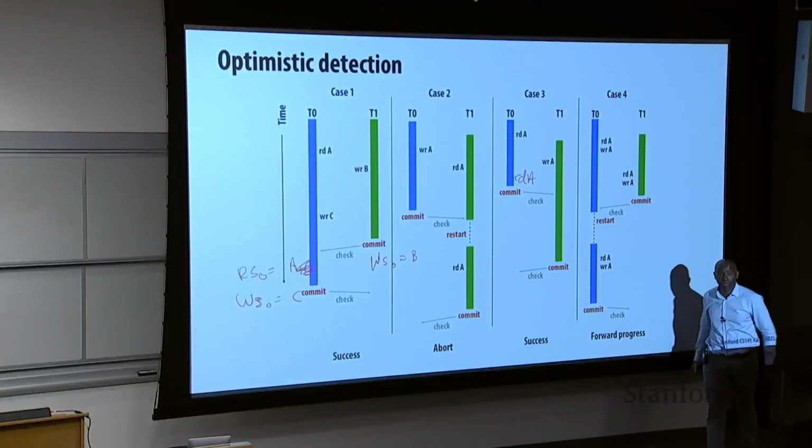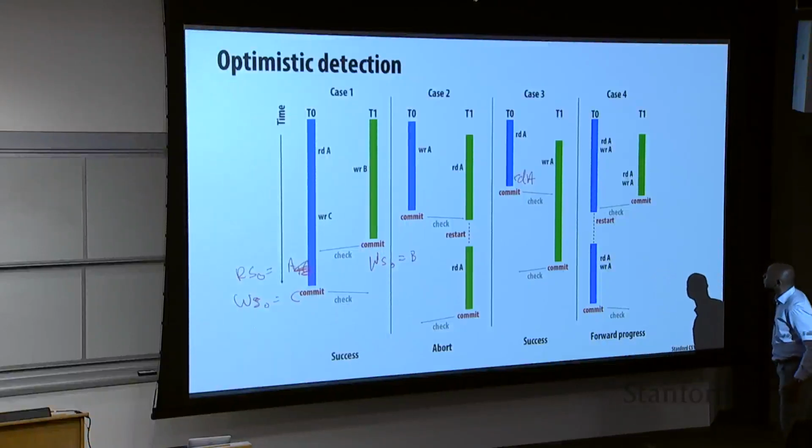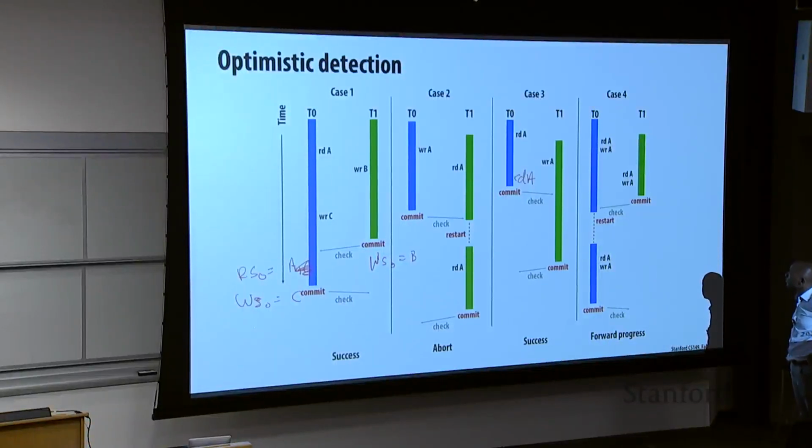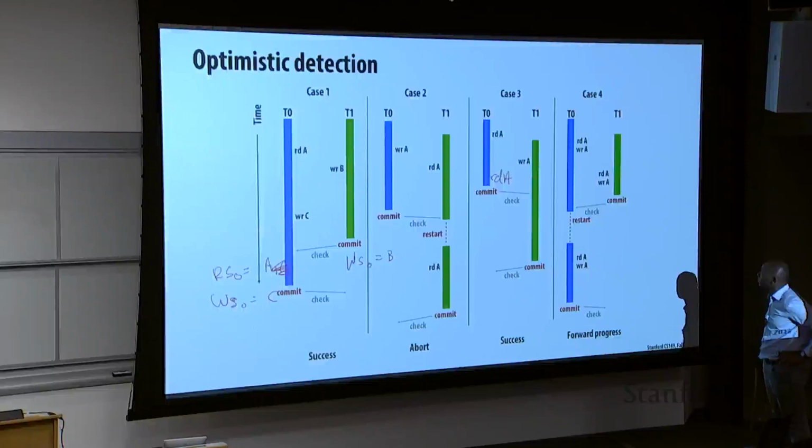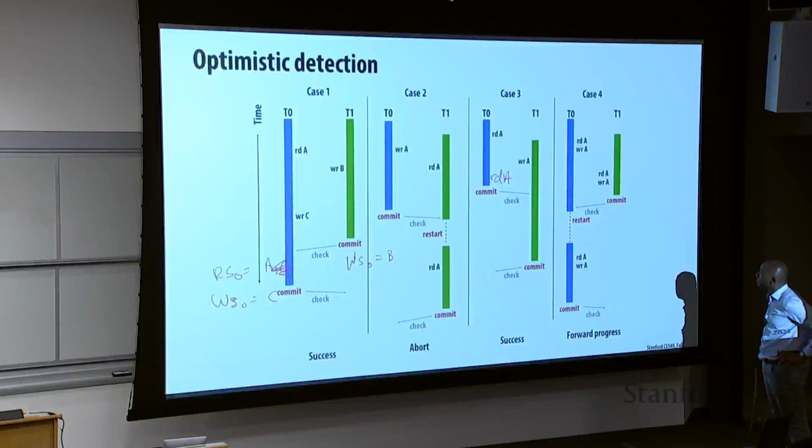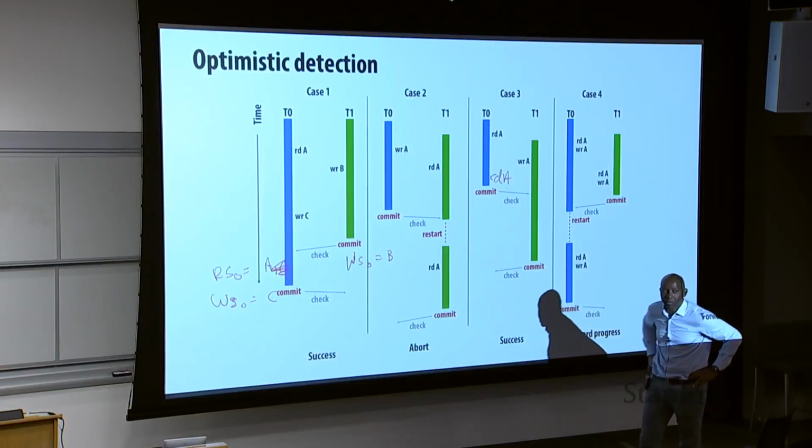Yeah? So the write to A that T1 performs, that value might depend on the fact that T0 had written to A before, because T1 reads A after T0 writes to A. So doesn't that mean that when we abort T0 and restart, but T1 is already committed, the values that T1 has committed are committed assuming that... Remember, everything's isolated until the transaction commits.